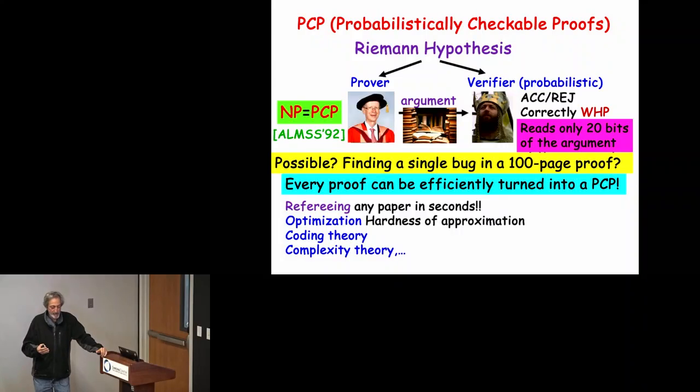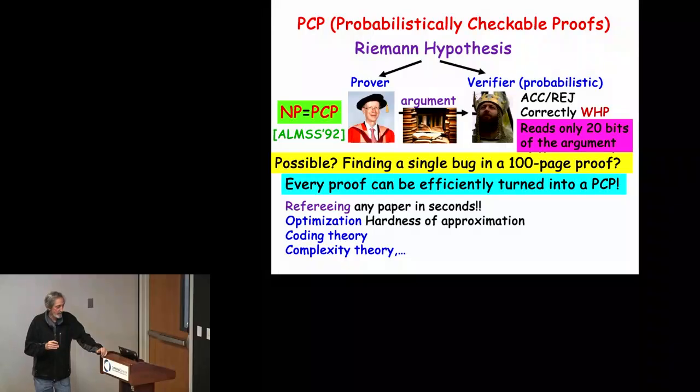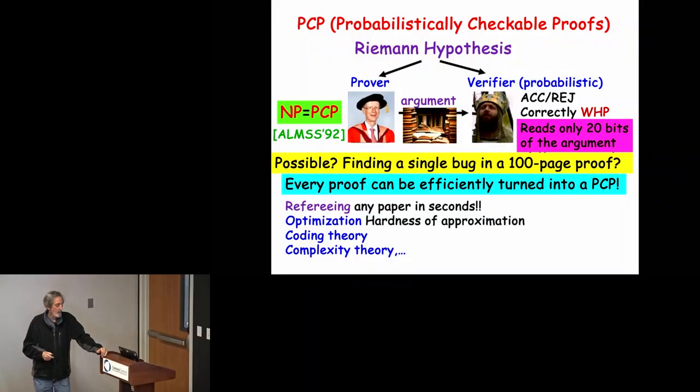NP-completeness typically tells you finding the optimum is hard. This can tell you finding a factor of 2 approximation or a factor of log n approximation is hard as well. It has many implications in coding theory and complexity theory that I'm not going into. Now, it's a fundamental theorem, a fundamental understanding of the class NP.